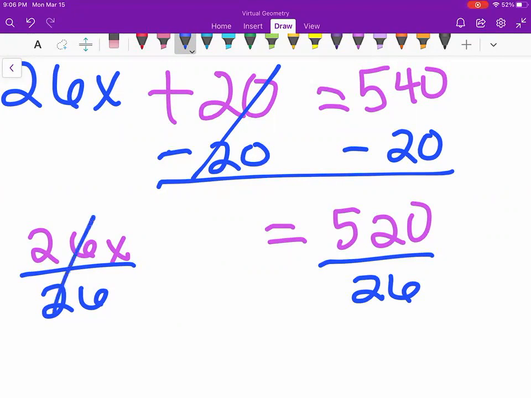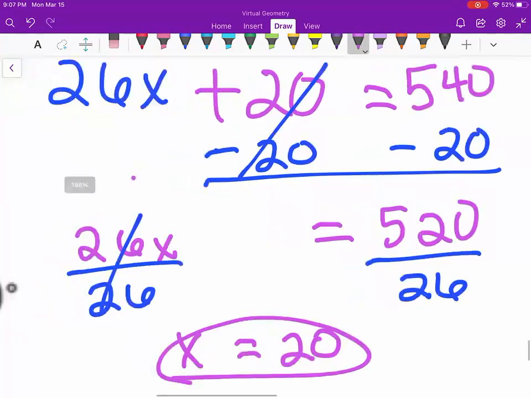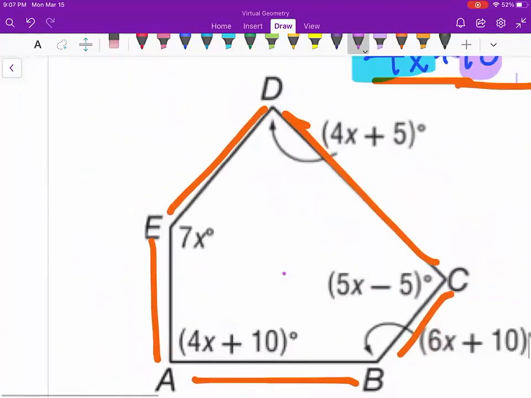So x is 20. So now I can use that 20 and see how many degrees are at each of these different angles.